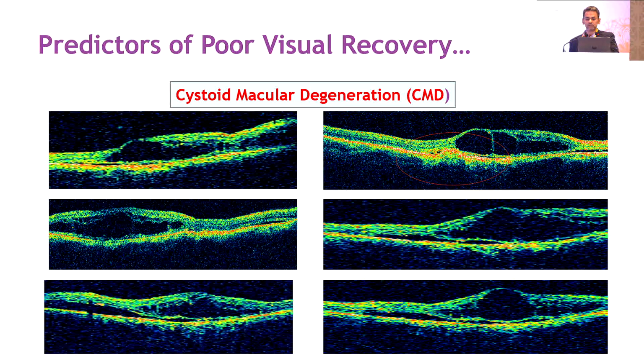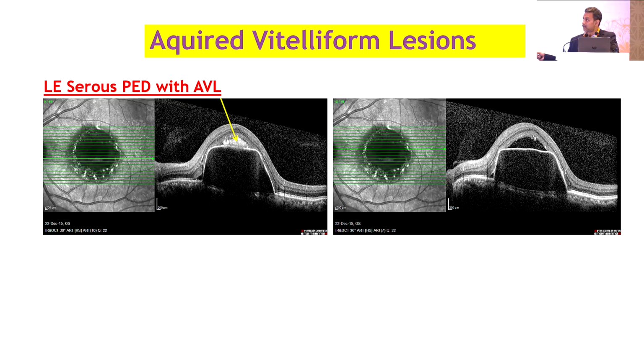There are some OCT biomarkers which determine the outcome. A worse outcome is expected when you have large cystoid spaces, something called CMD or cystoid macular degeneration. This is a poor biomarker. Again, acquired vitelliform lesions: you see these hyperreflective acquired vitelliform lesions in the subretinal space overlying the PED.